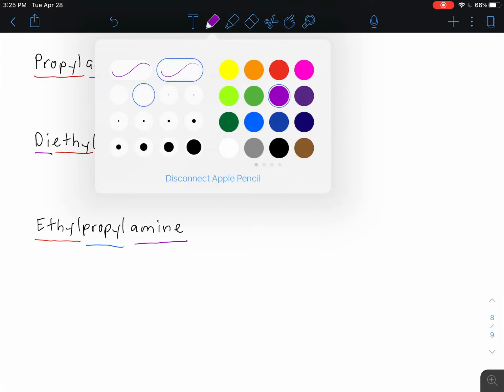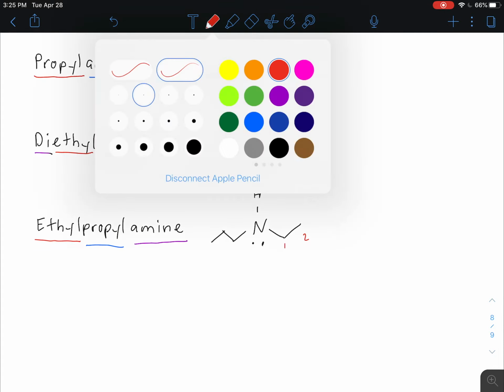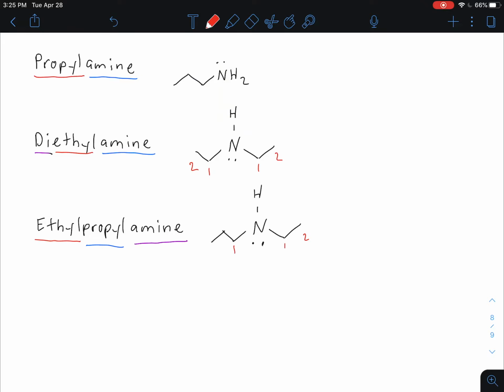So it's ethylpropylamine. So it's a 2-carbon chain and a 3-carbon chain attached to nitrogen. So here's my nitrogen, 1, 2, 1, 2, 3, and then hydrogen in the middle, lone pair if you want to show it. So now it's ethyl, 1, 2, propyl, it's 1, 2, 3.